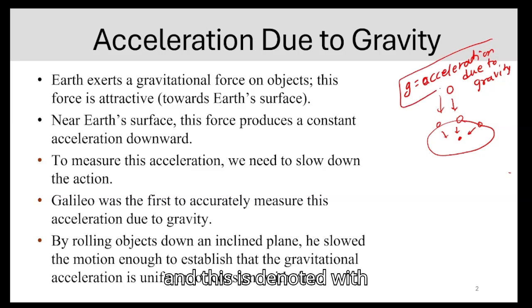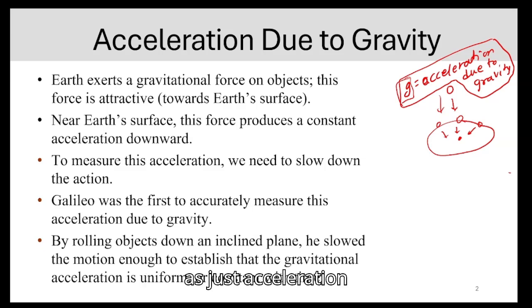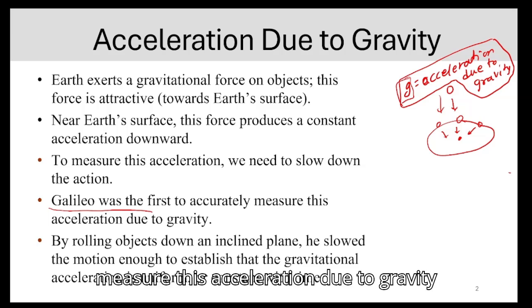This is denoted with the letter g, and the unit of acceleration due to gravity is the same as just the acceleration. Galileo was the first to accurately measure this acceleration due to gravity.